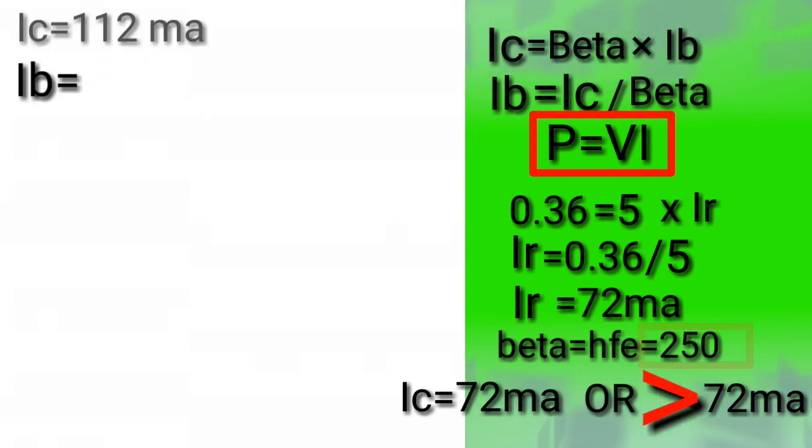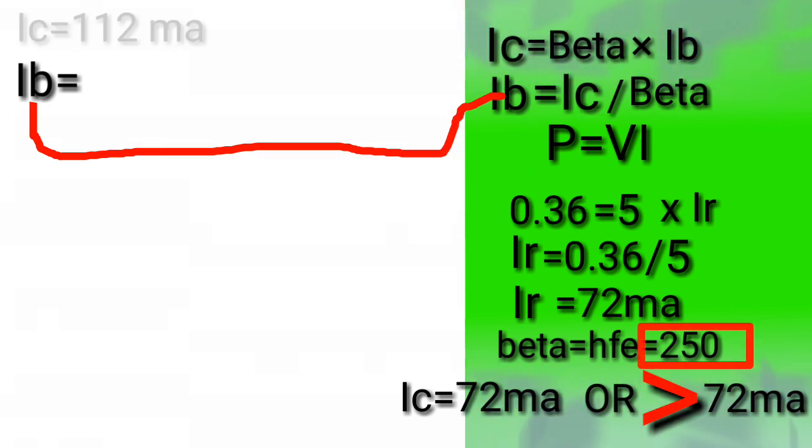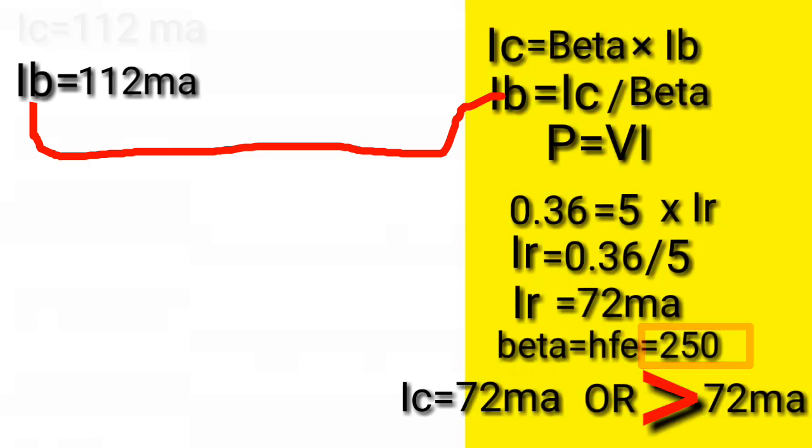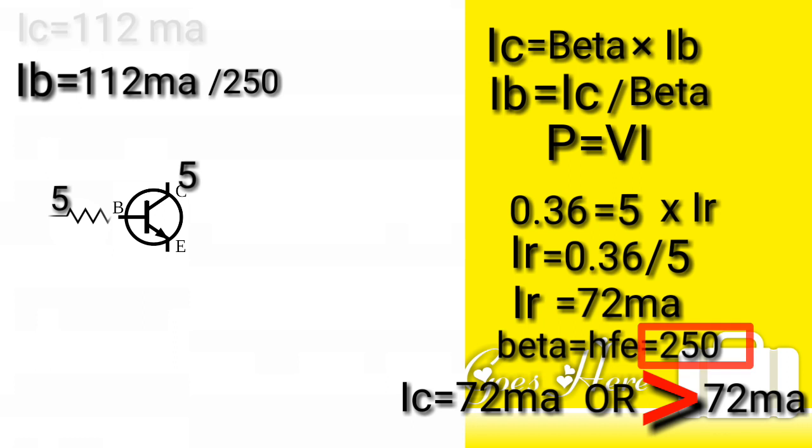So let me choose 112 milliamp. Then IB equals IC, which is 112 milliamp, divided by beta, which is 250.